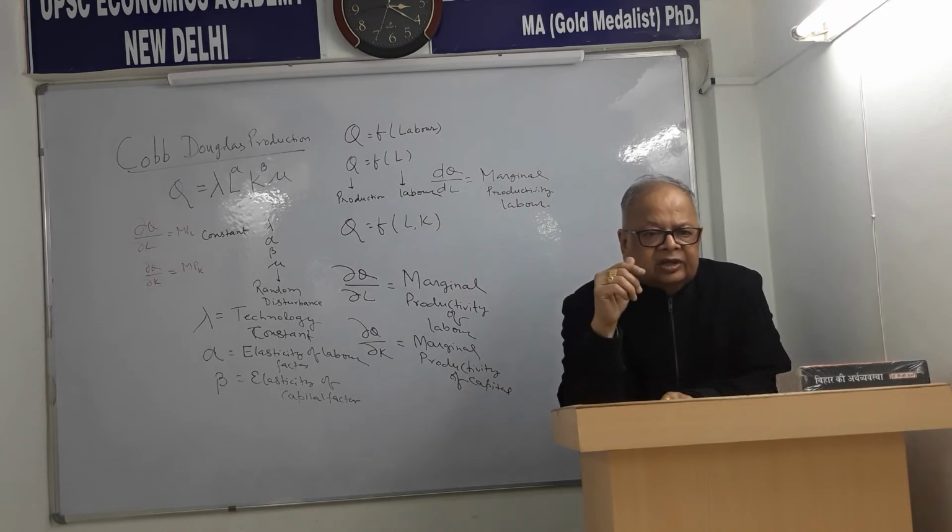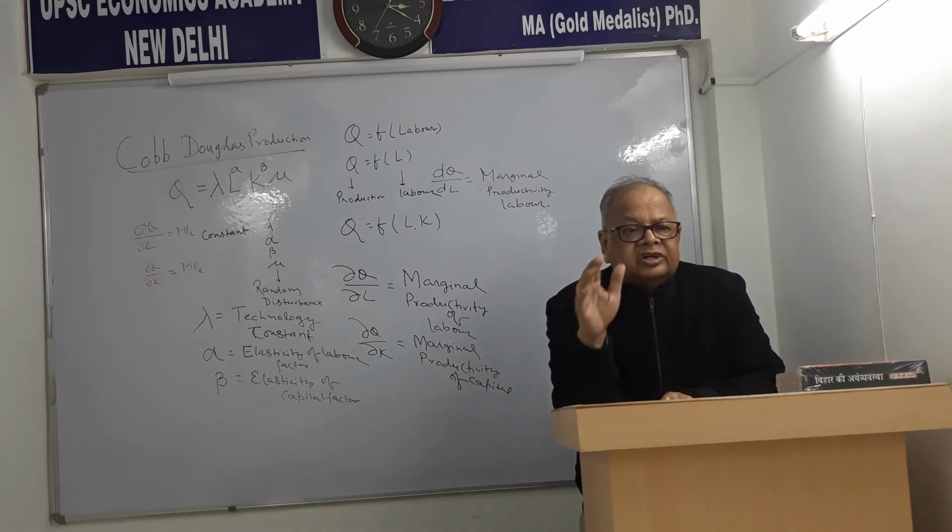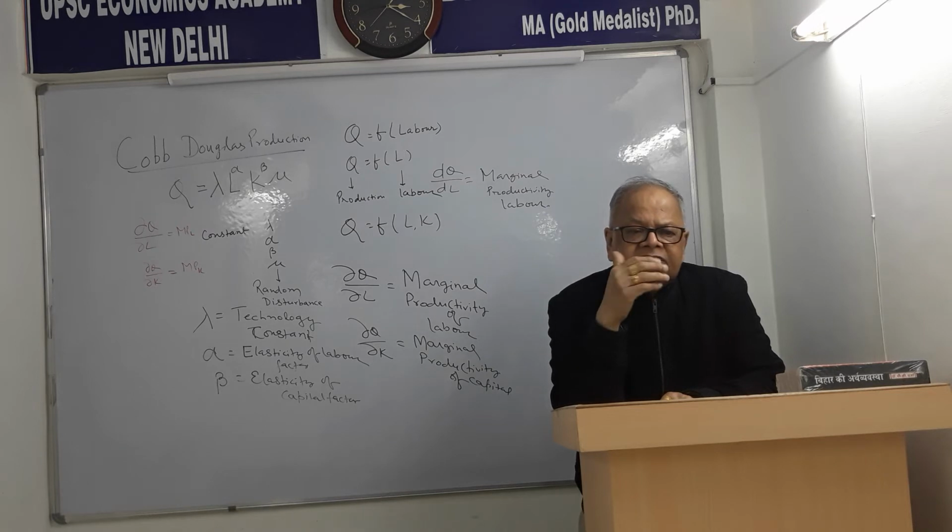Then the third is law of diminishing returns. And this is ultimate, this is final. Any firm, any producer finally reaches this. This is known as law of diminishing returns.